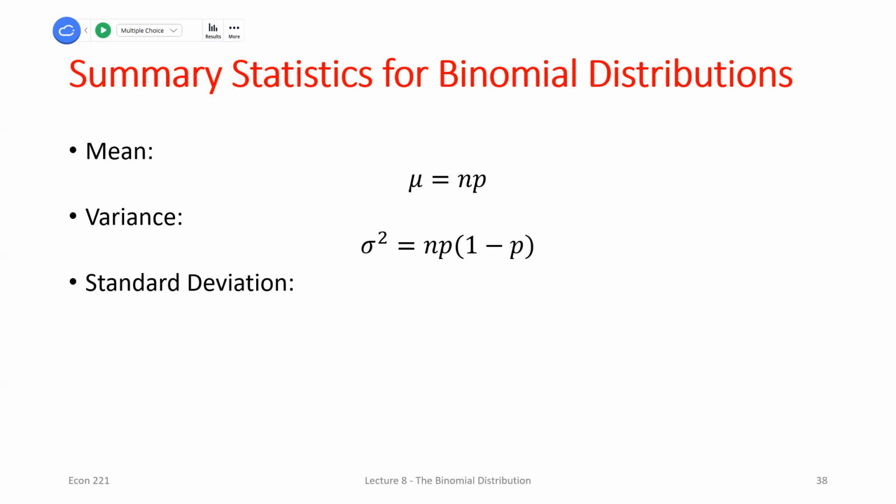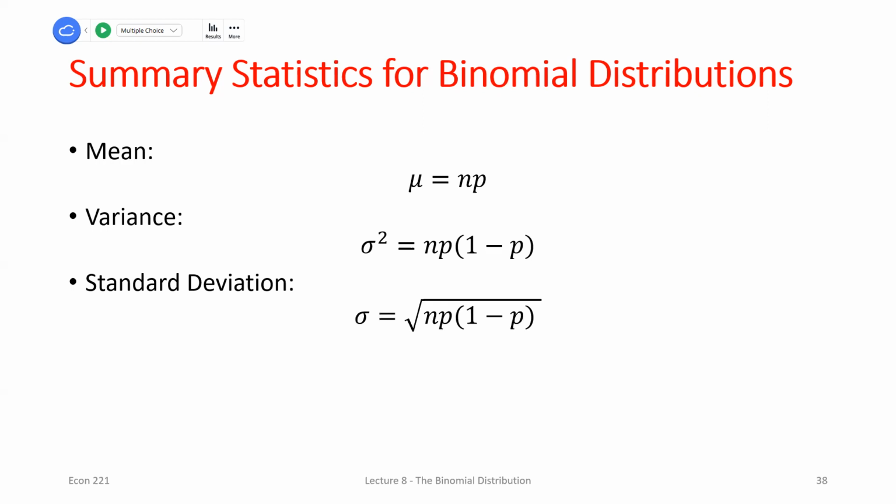The mean is n times p, we're squaring that deviation, multiplying it by the probability that x equals whatever the outcome is. This is the binomial distribution function. We plug that in and it just works out. You can prove that it always simplifies down to this equation, n times p times 1 minus p. And then as always, if we want the standard deviation, we just take the square root, right?